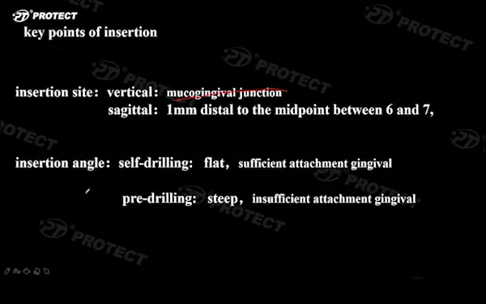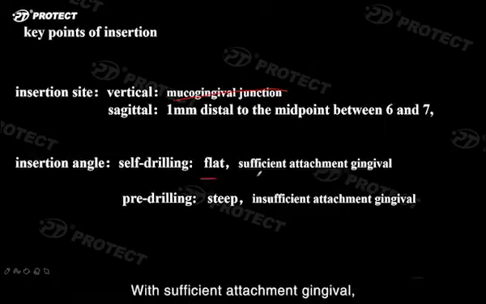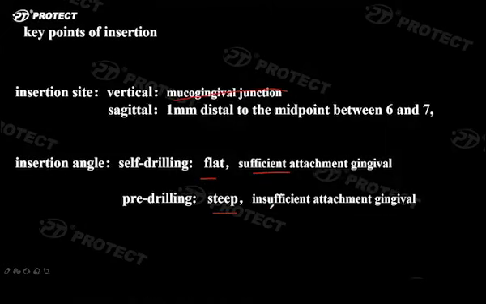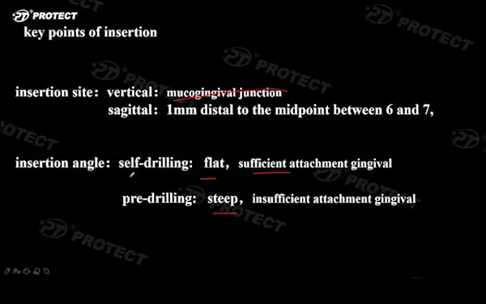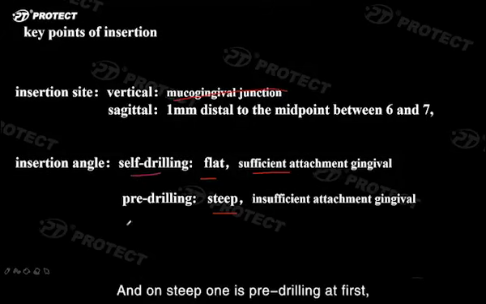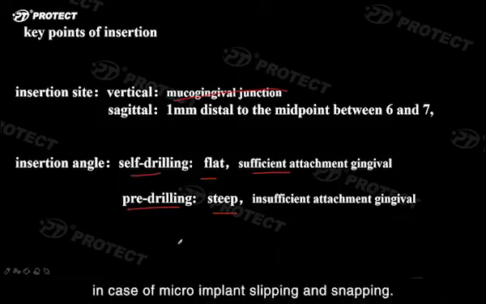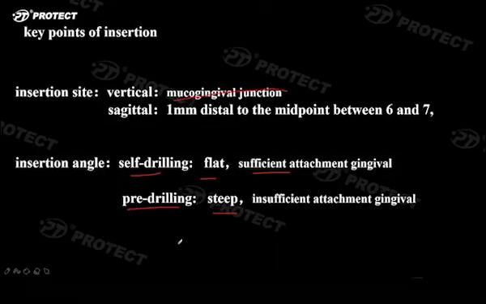The first one is flat, with sufficient attached gingiva. The other one is steep, with insufficient attached gingiva. The insertion on the flat one is self-drilling, and on the steep one is pre-drilling at first, in case of micro-implant slipping and snapping.